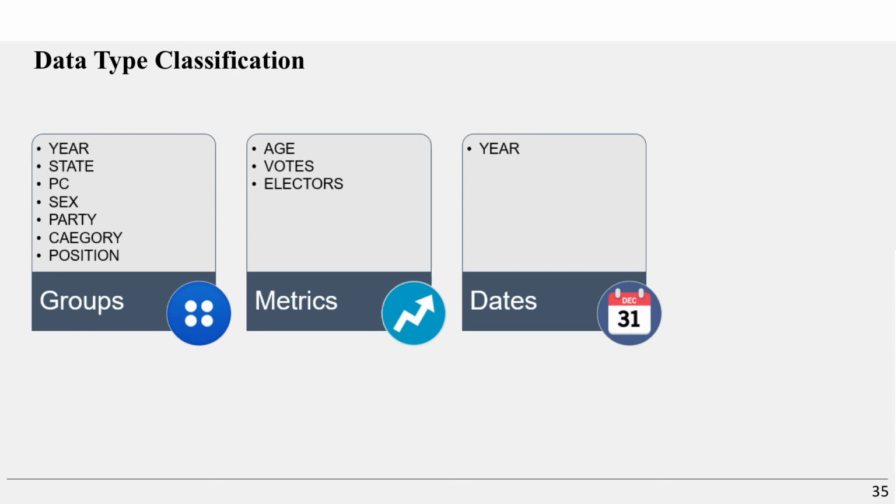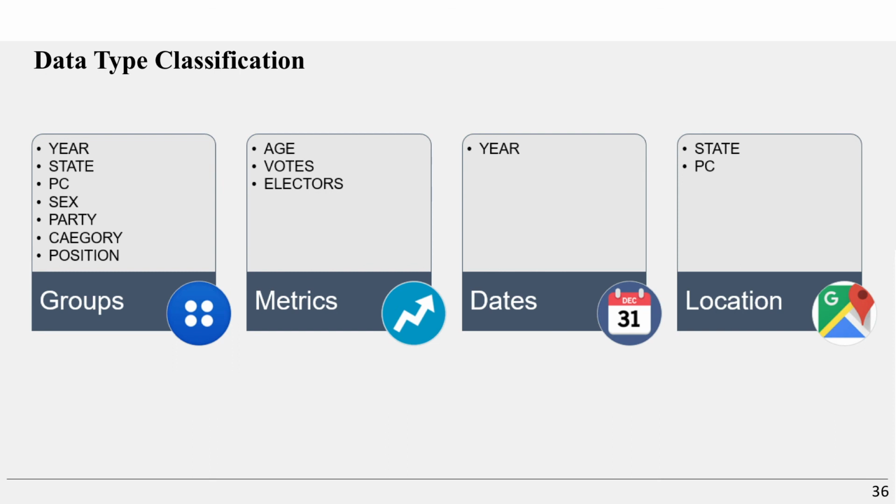Though it is a partial date type, we can still consider this particular column under date types. Columns like state and PC can be considered as location columns. No proper text column is available, but if needed, we can consider name as a text column, and that again depends upon the analyst who is working on this particular data set.